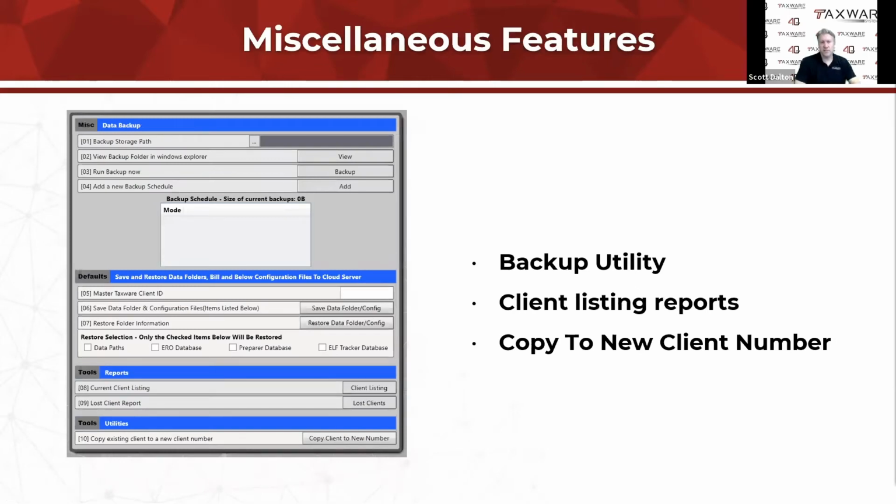All right. Miscellaneous features, I just wanted to quickly point this out. It's kind of new to the entities. There were a few options last year, but we made it mirror some of the features in the 1040 system, and that it has the same backup utility as the 1040 that Matt and Donovan had already talked about. And the beauty of this backup utility is once you've scheduled it, it's going to fire off the backups for all the programs.